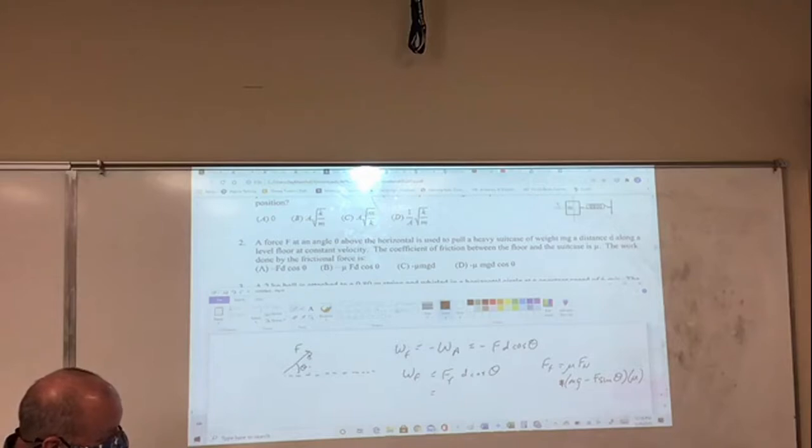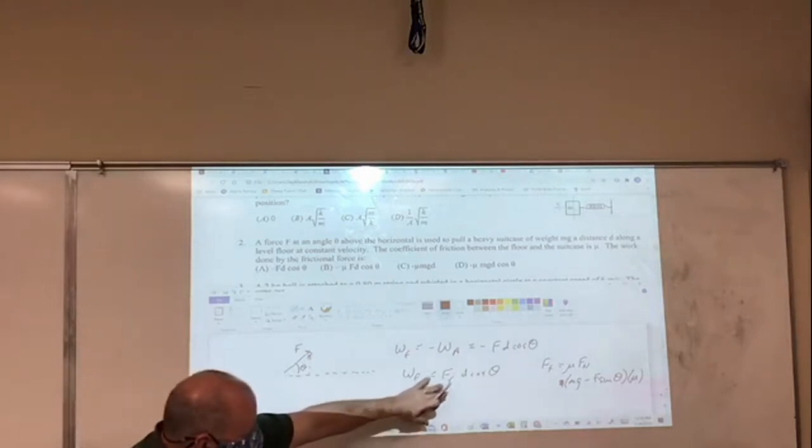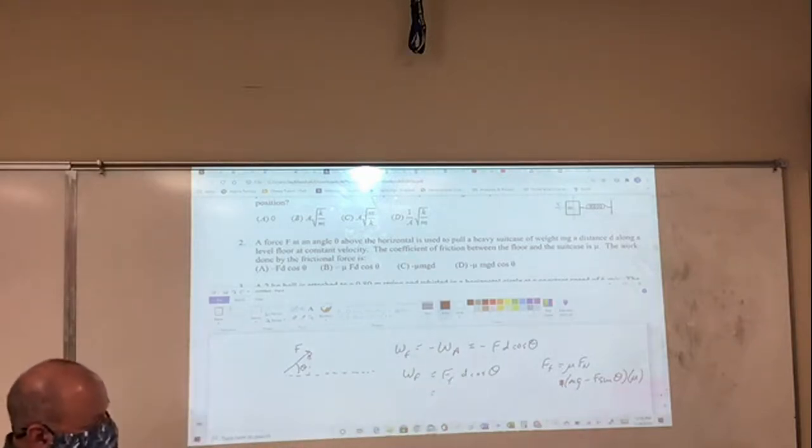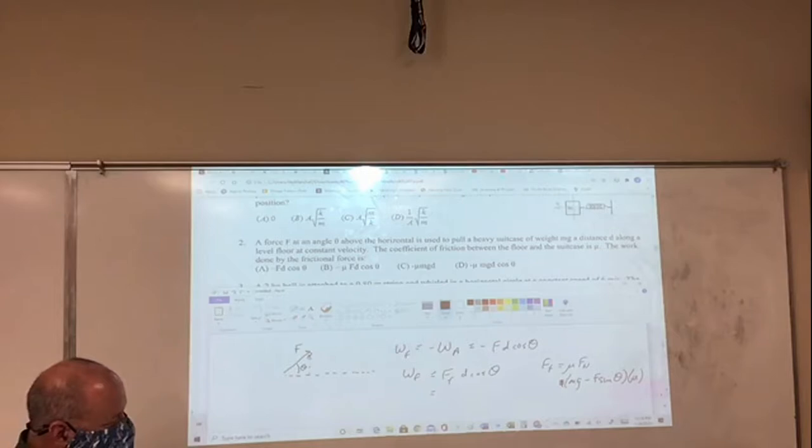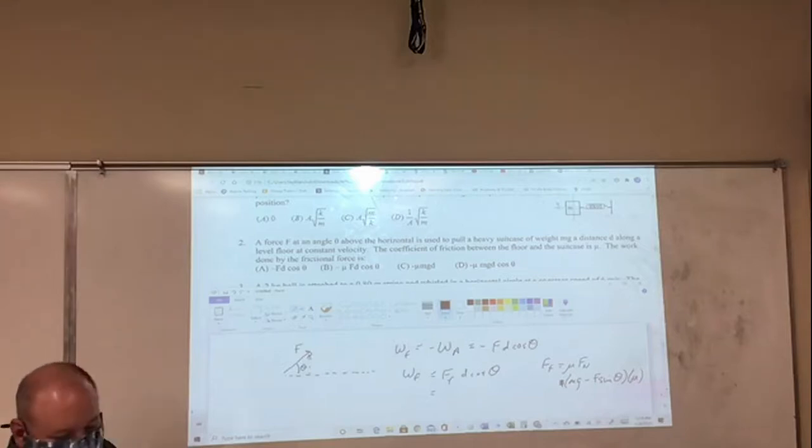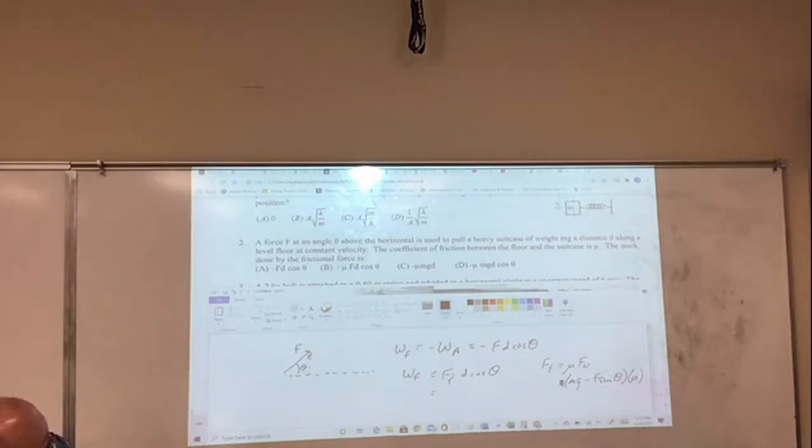So we could say that the force of friction is going to be mg minus F sine theta times mu. But there's not that answer up there, is there? It's hard to know just by reading the problem which way is going to be the best way to go.